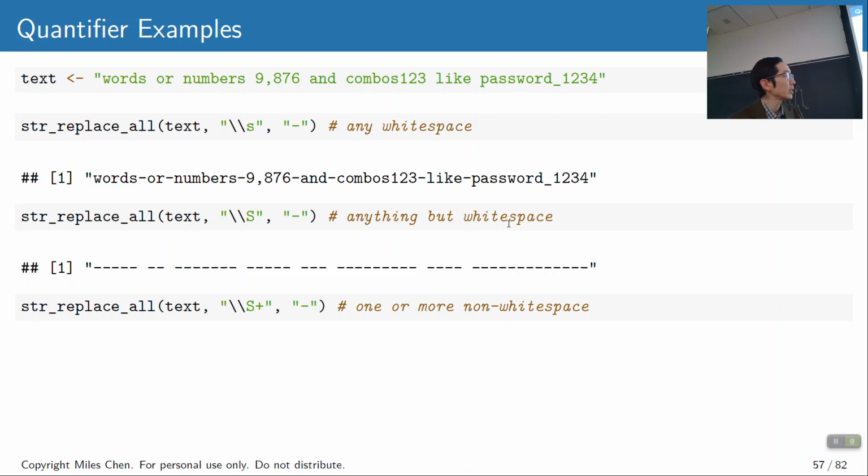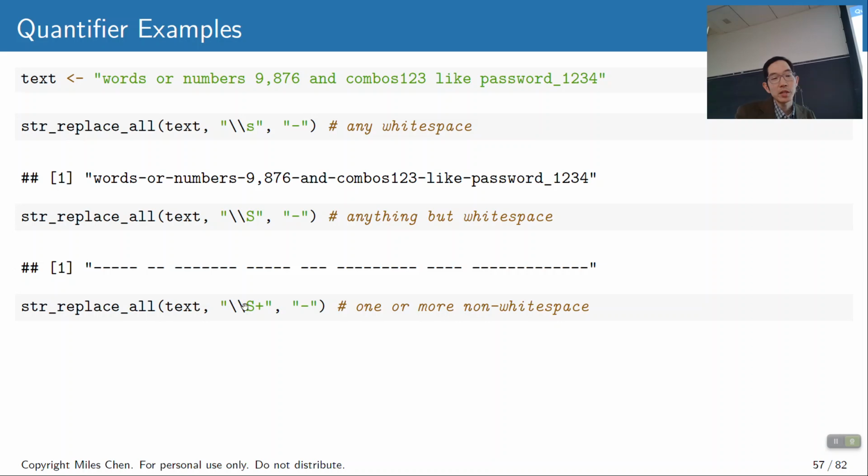Now we say replace the pattern of anything that is non-white space, 1 or more, with a dash. And this is greedy. And so what it will do is when it sees WORDS, these are all non-white space characters, and they are all in a row.